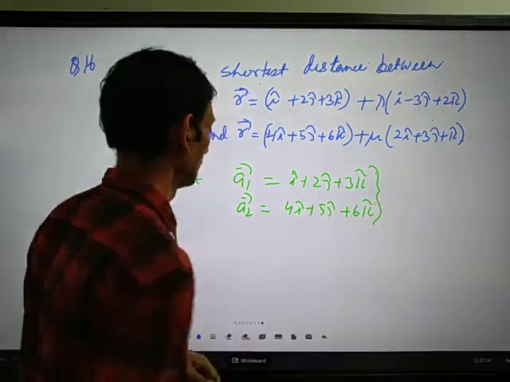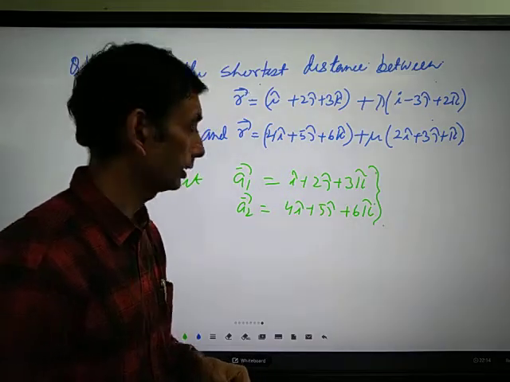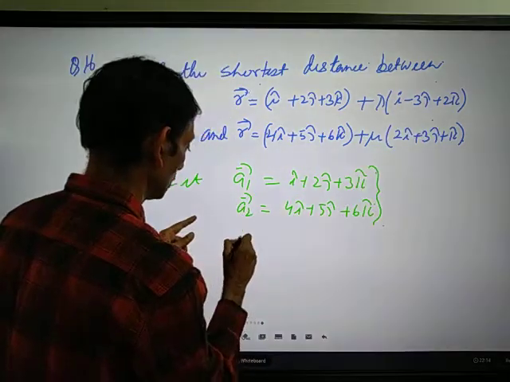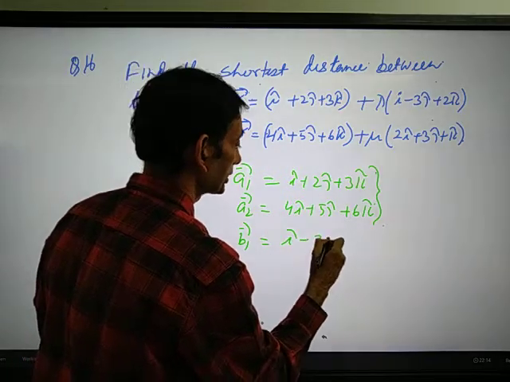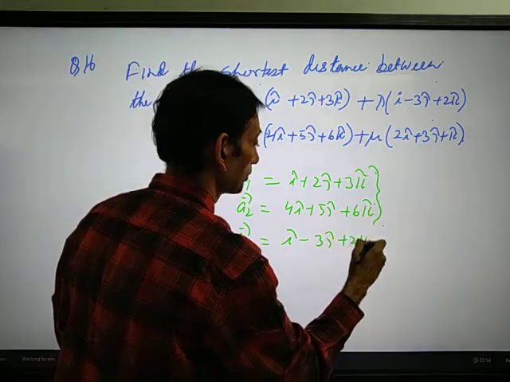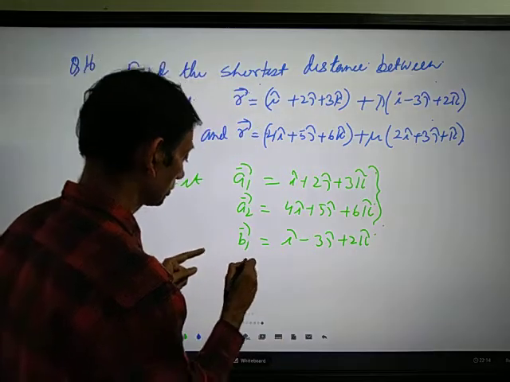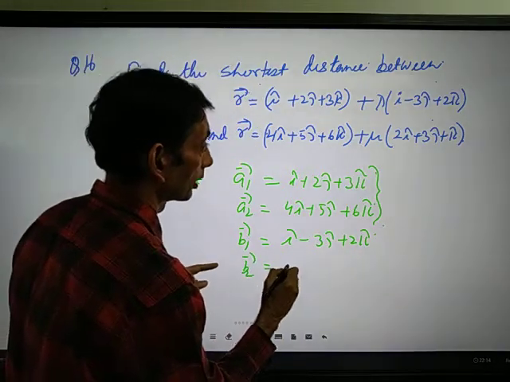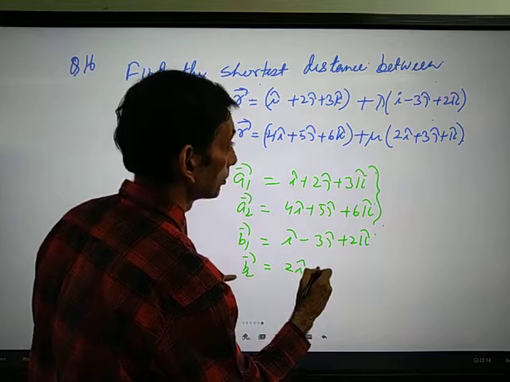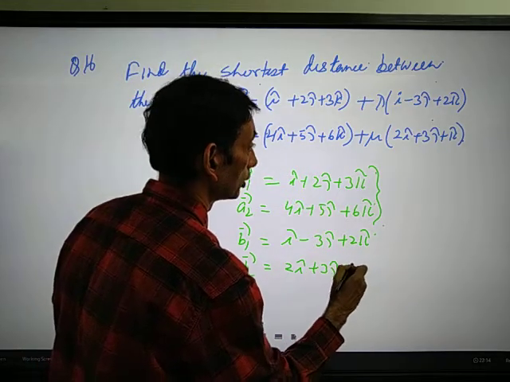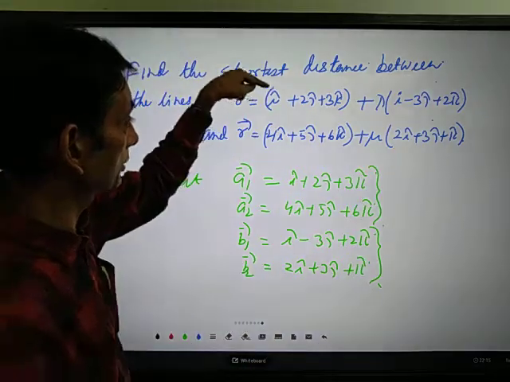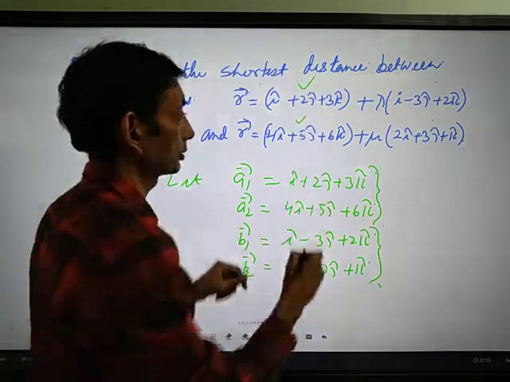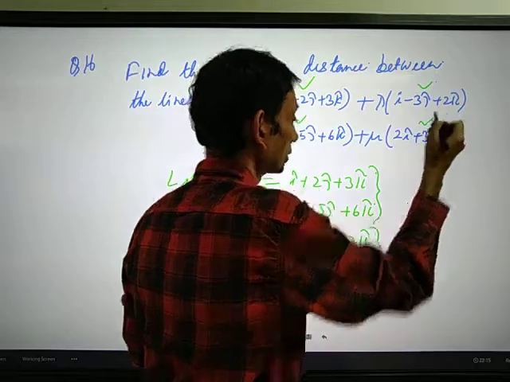This is a1, a2. Then we'll take b1 as i cap minus 3j cap plus 2k cap, and b2 as 2i cap plus 3j cap plus k cap. This vector we take as a1, this is a2, this is b1, this is b2.